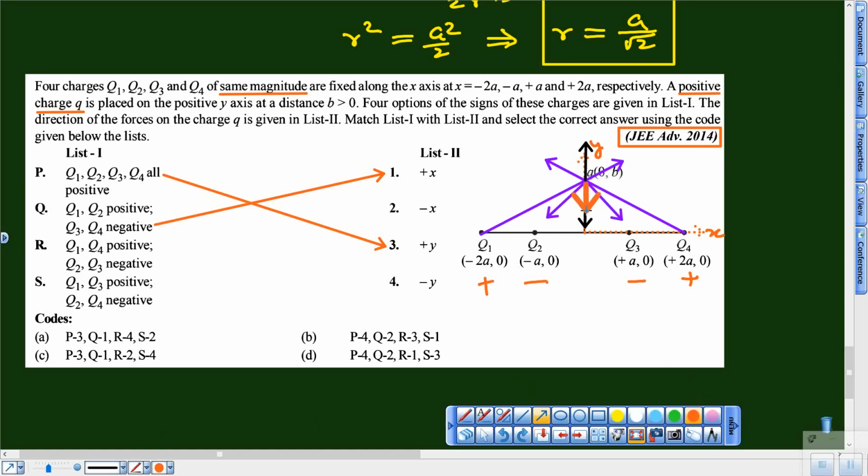The resultant of these two would be overall in this direction. Agree? That means in the negative y direction because of the dominance of the force in the downward direction. Okay, so negative y means 4. So R would be matching with 4, right?